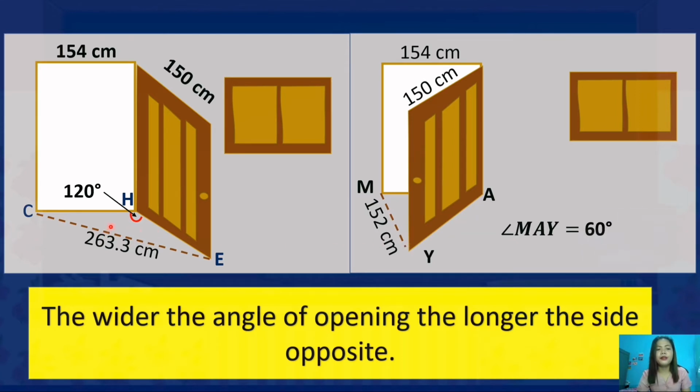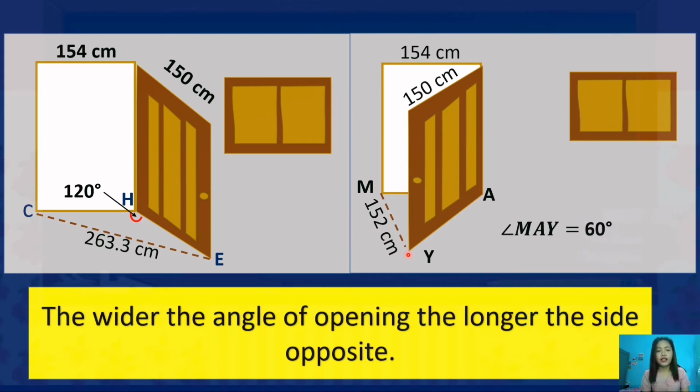So widely open door, the angle is 120 degrees, and on the slightly closed door, we have angle May, which is 60 degrees. As you can see, no 120 degrees yung angle, the measure of the third side is 263.3 centimeters, while the slightly closed door, we have 152 centimeters.